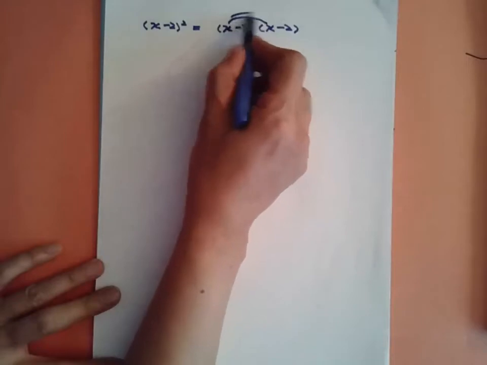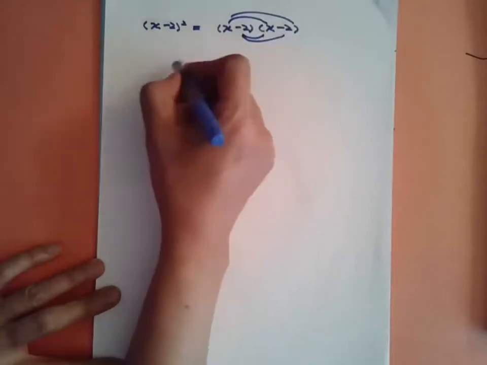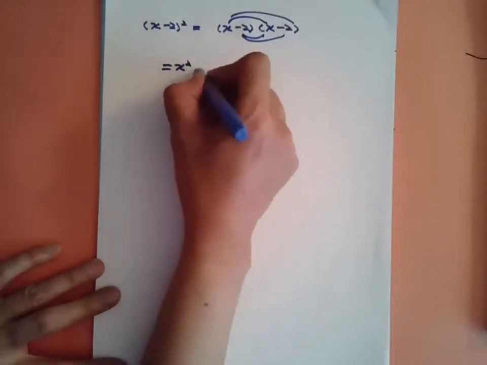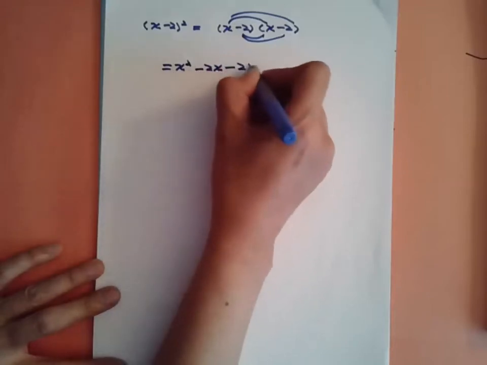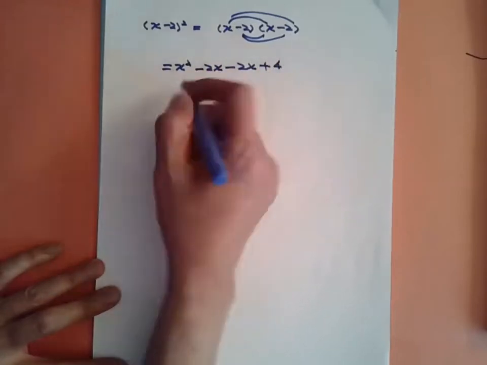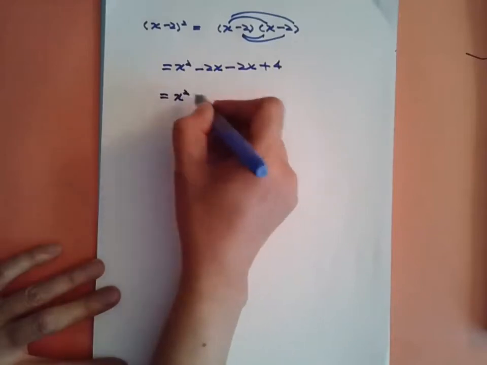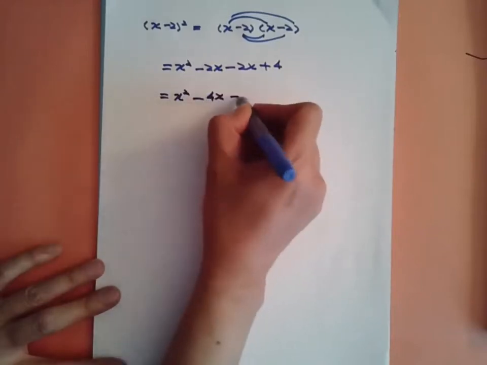So FOIL. So x squared minus 2x minus 2x plus 4. So that is x squared minus 4x plus 4.